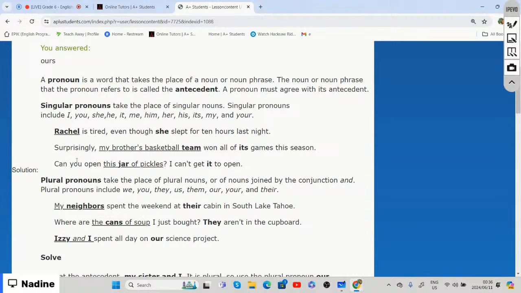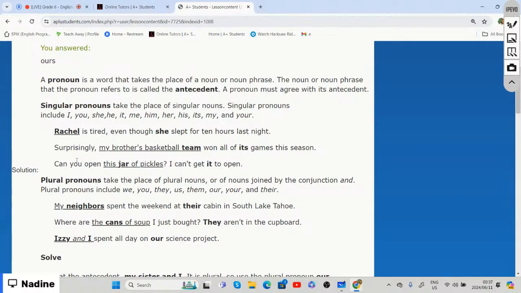So we have singular pronouns and plural pronouns. Singular refers to only one person, thing, animal, or place, whereas plural refers to more than that.